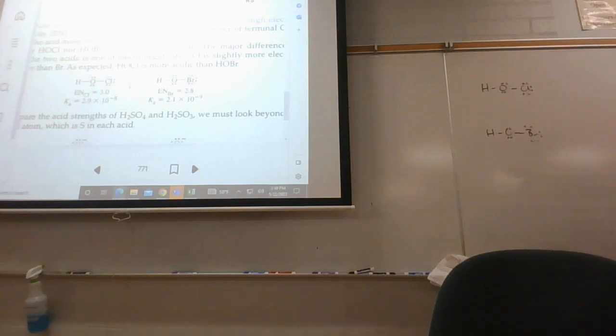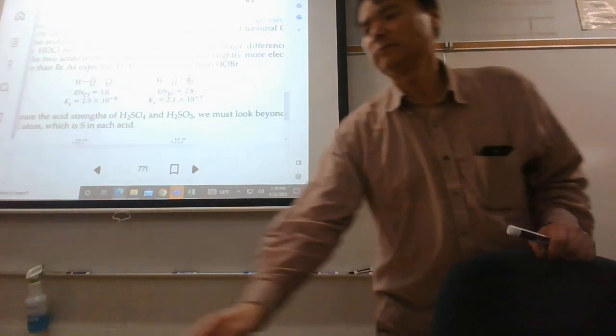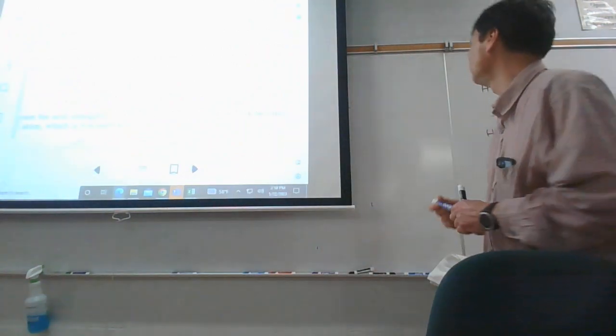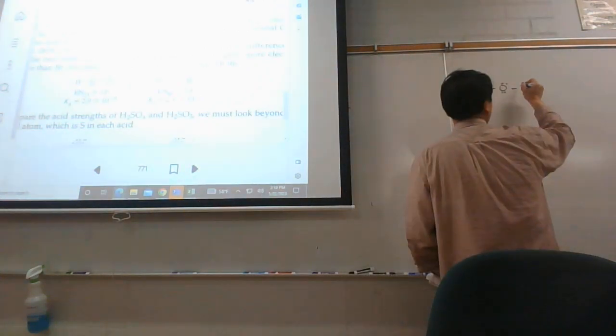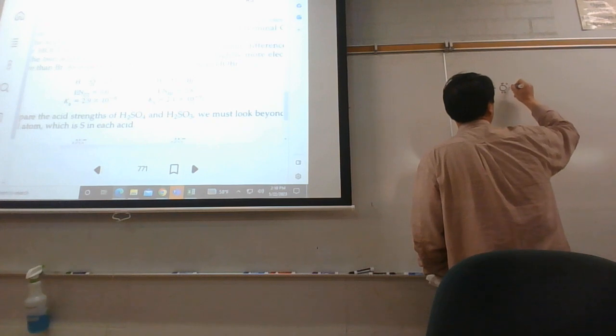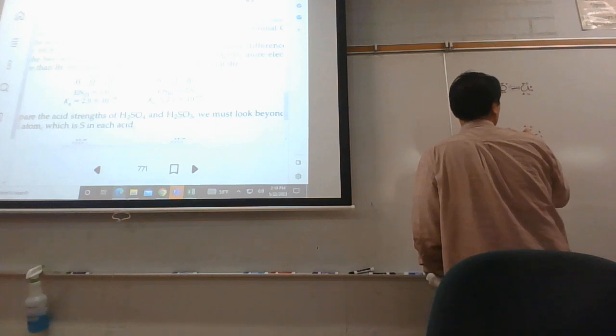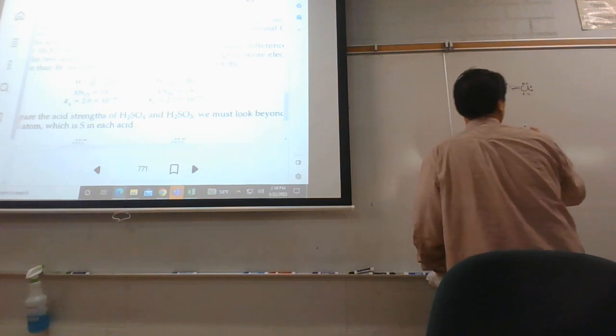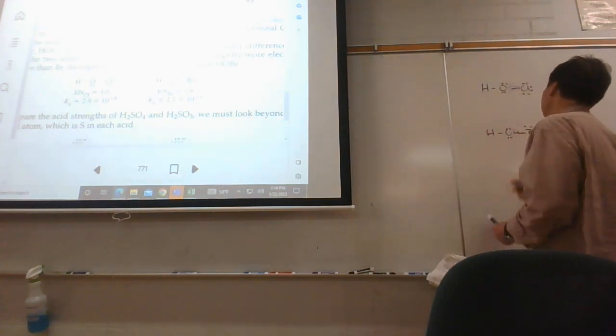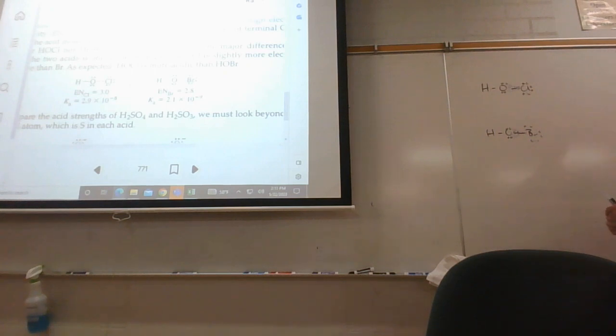And so in the struggle on this bond over here, chlorine is going to be able to hold on to more of the electron cloud than bromine. Bromine is a bit weaker. Since it's a bit weaker, it's going to be less polarized.